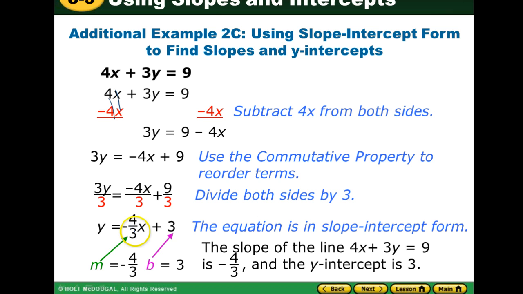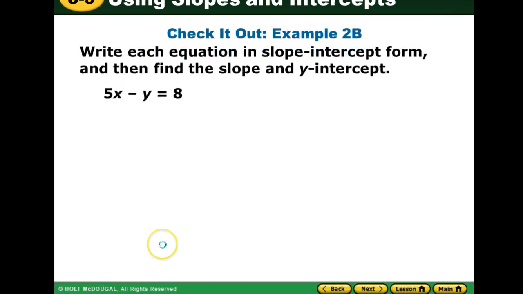So we have negative 4/3 x. Now 9 divided by 3 is 3, so negative 4/3 will be the slope, and positive 3 will be the y-intercept.